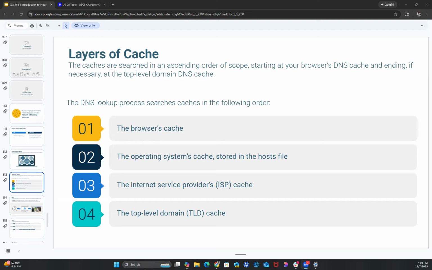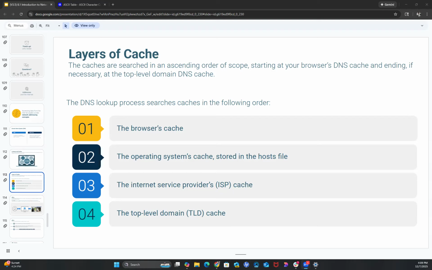Each browser on a device, for example Google Chrome or Firefox, may have its own independent DNS cache. The cache in our browser can have different entries from another browser on the same system. So if there is no record of the domain in the browser DNS cache, it moves through the following steps until it finds the translation.